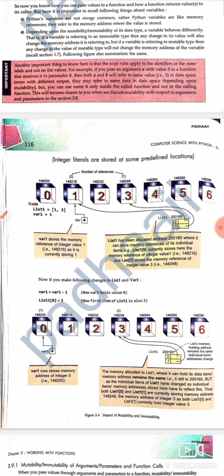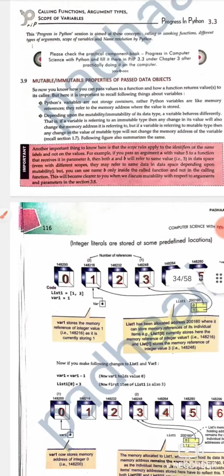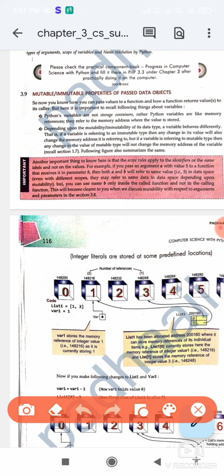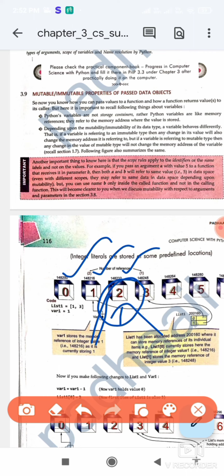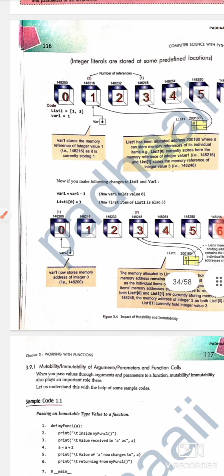Now if a variable is of mutable type, say I have this list 1 2 3, the variable has an address and the values are placed there. If it is of an immutable type and I want to change the value, it will change the address of that particular name.